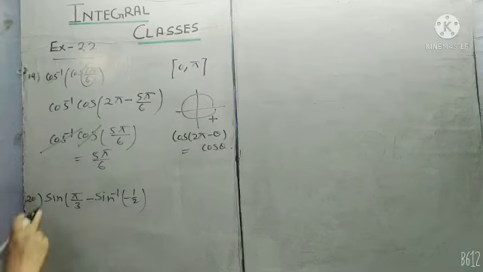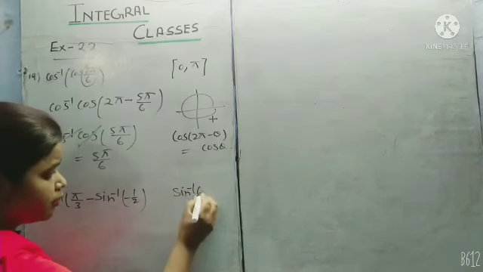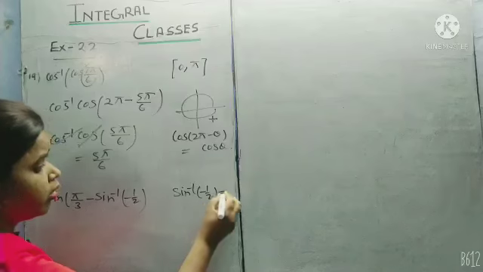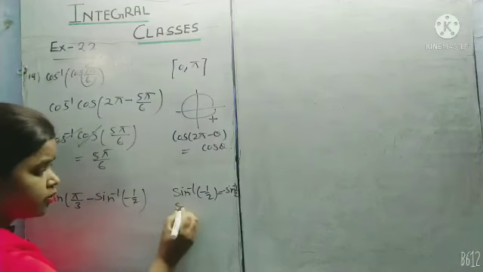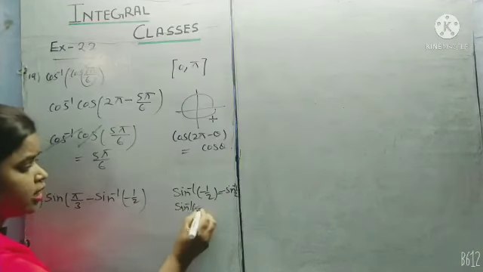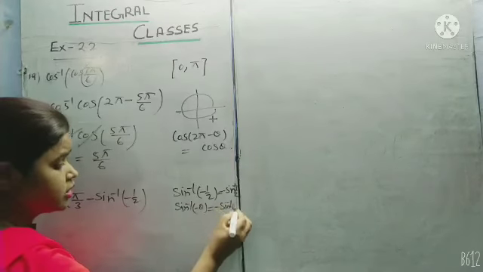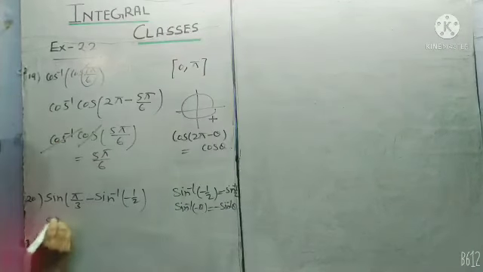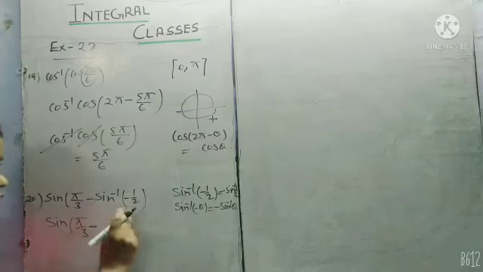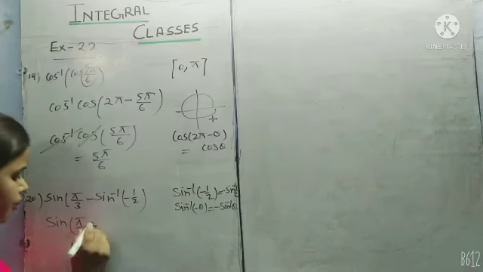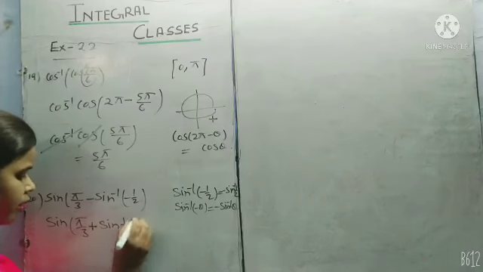In question number 20, we know that sine inverse of minus 1 by 2 equals minus sine inverse of 1 by 2. It means we will use the property sine inverse of minus theta equals minus sine inverse theta. So pi by 3 minus, here we will write plus, sine inverse 1 by 2.